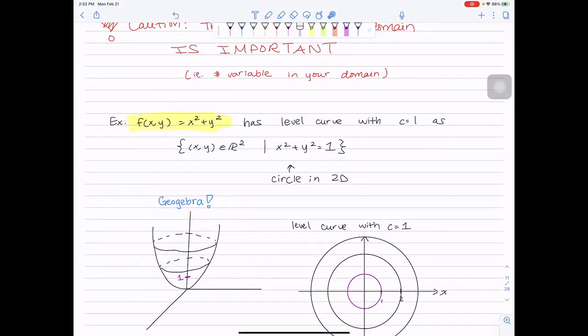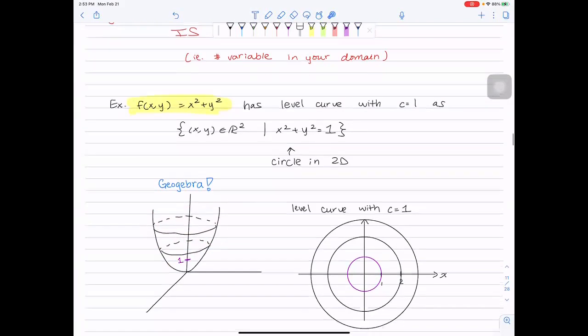Now, what do you do to find the level set or level curve, level surface? Imagine cutting through this hyperboloid, like cutting slices. Each slice is going to be a 2D circle, right? Just imagine cutting slices through it. And you can imagine you have this 3D shape projected all down. What does it look like?